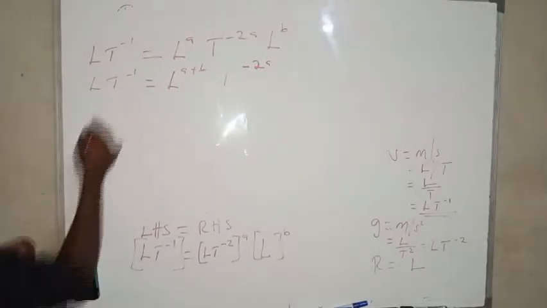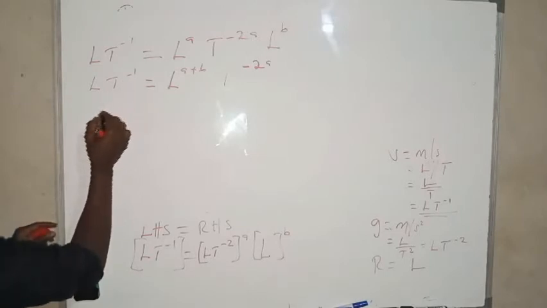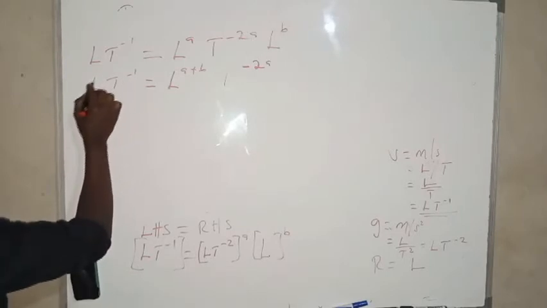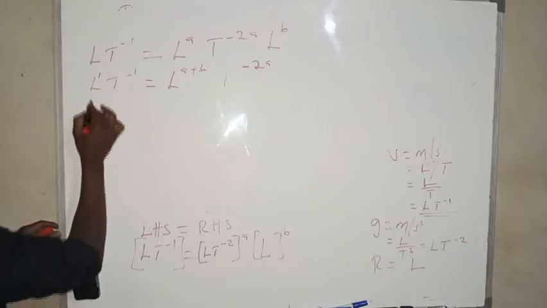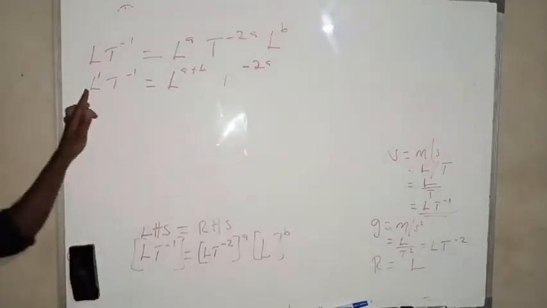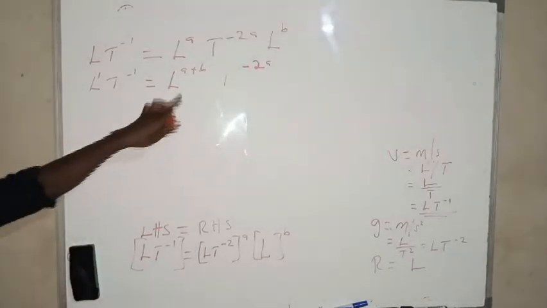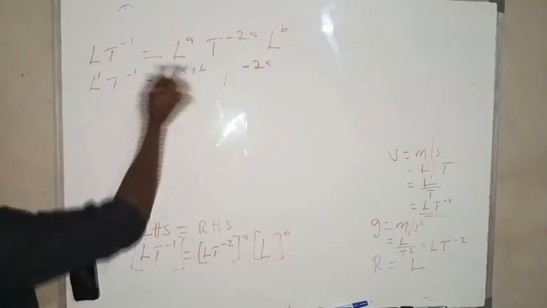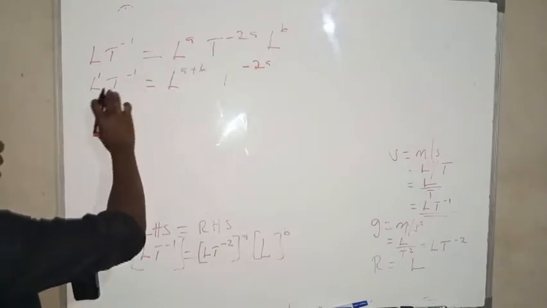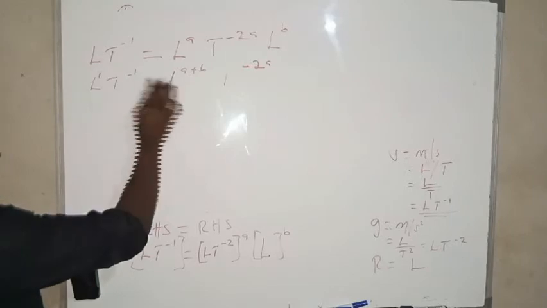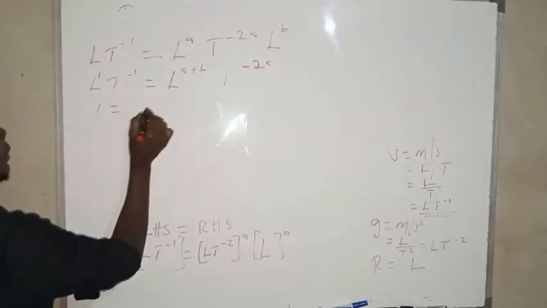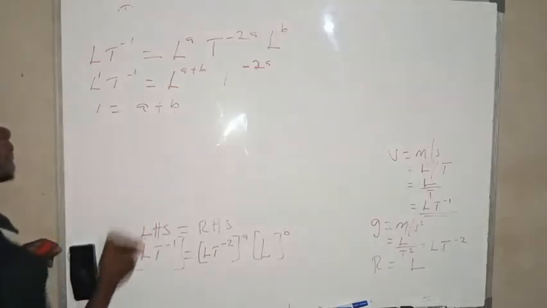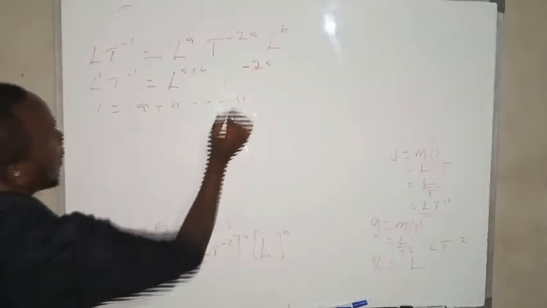On the left we have L raised to the power 1. Since the bases are the same, we simply equate the powers. So 1 is equal to A plus B. Let us call this equation number 1.